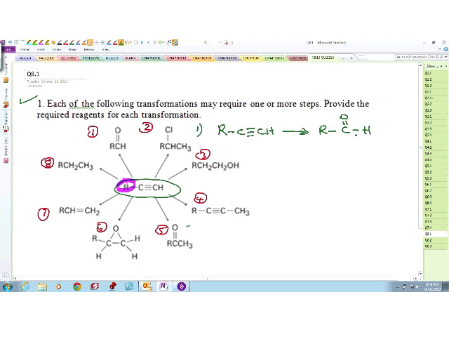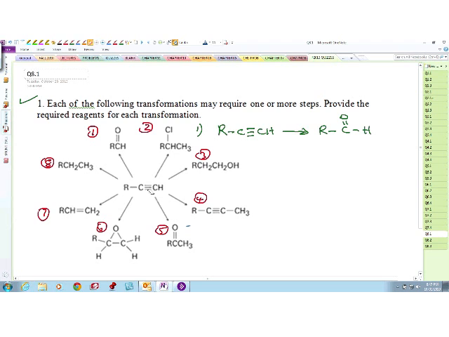What reagent do we need for that? Now notice what has happened here. You need to be very careful here. It's a little tricky. If you look at this R here, we have these two carbons right here, right? Now look at what you have here. You only have one carbon attached to that R. So that means we have lost a carbon atom.